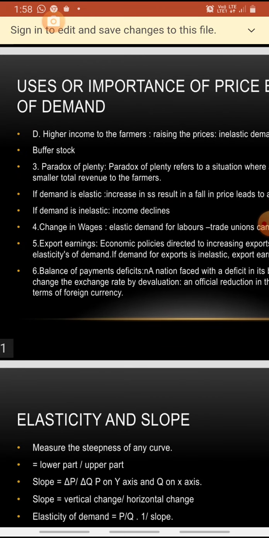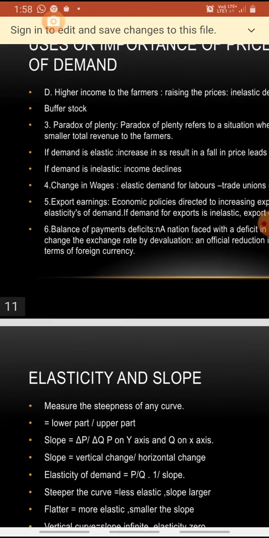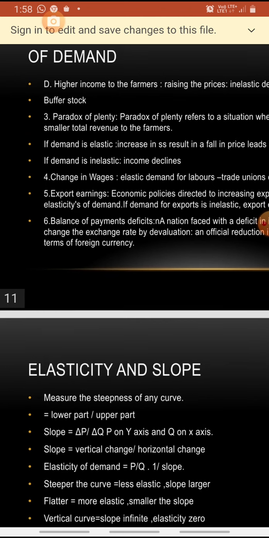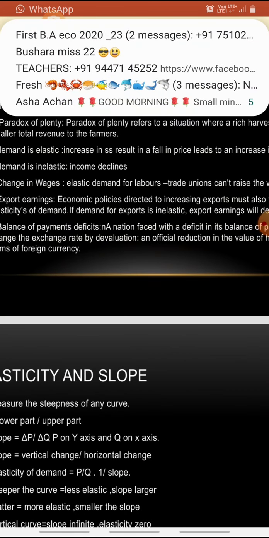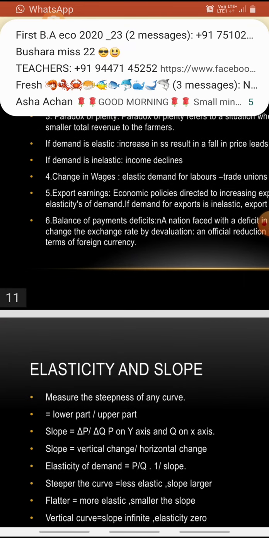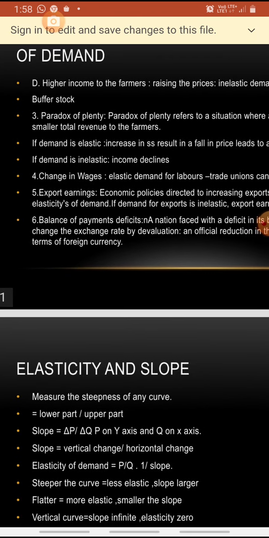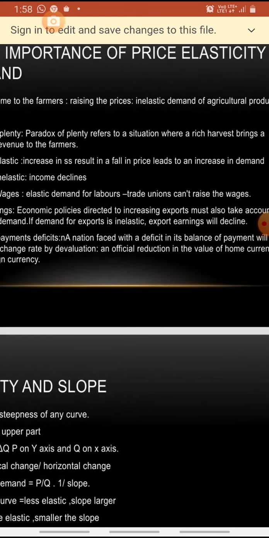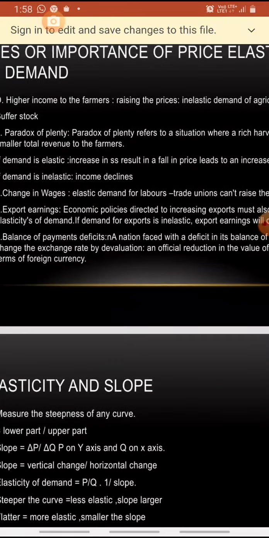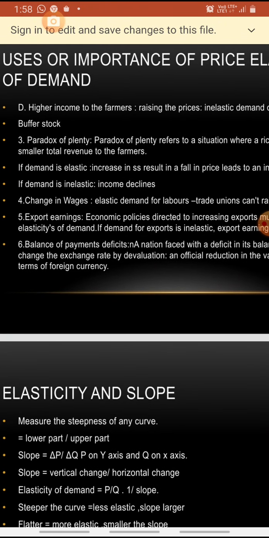If demand is inelastic, income declines. Fourth, changes in wages. With elastic demand for laborers, trade unions can't raise wages. Then export earnings. Economic policies directed at increasing exports must also take account of elasticity of demand.